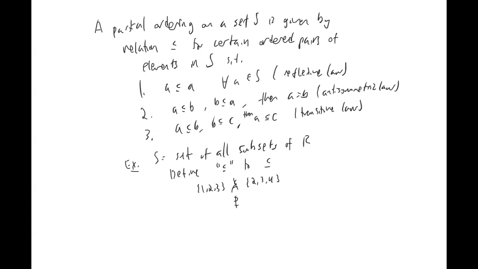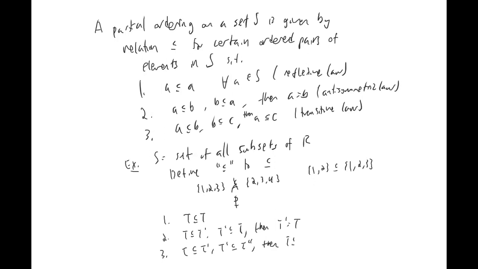But some of them could be compared. Like {1, 2} is a subset of {1, 2, 3}. And you could check that: one, a set is always a subset of itself. Two, if T is a subset of T prime and T prime is a subset of T, then T prime equals T. Hopefully that's obvious. And three is also obvious: if T is a subset of T prime and T prime is a subset of T double prime, then T is a subset of T double prime.